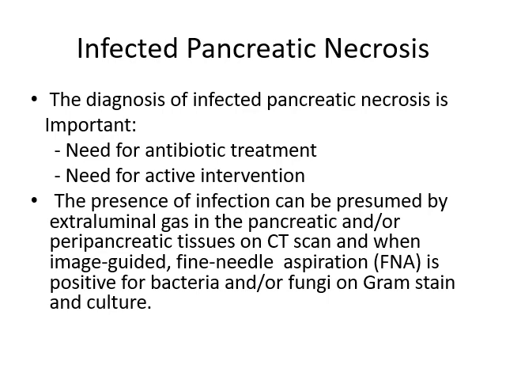The presence of infection can be diagnosed by CT, where we can see gas in the pancreatic or peripancreatic tissues, or by ultrasound or CT guided aspiration and culture, which shows either bacteria or fungus.